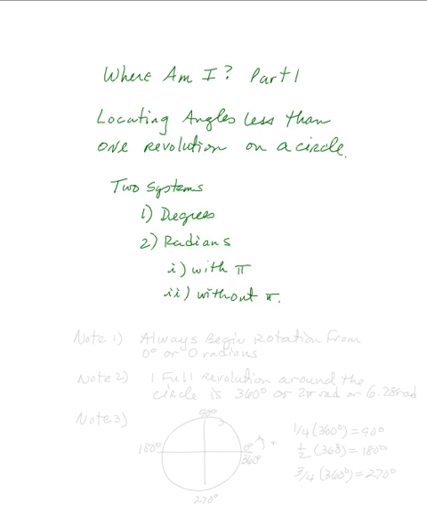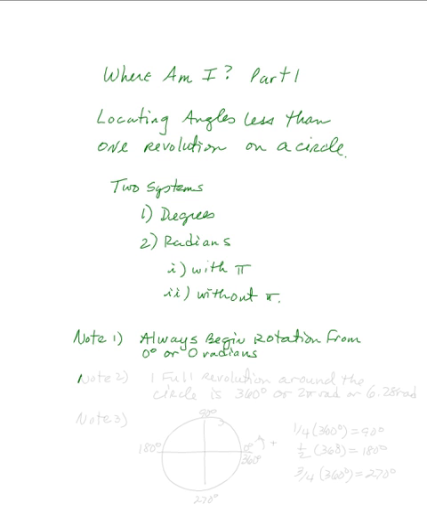Okay. Now I want to go over some assumptions we're going to be making. So I'll call these notes. The first note: we always begin rotation from 0 degrees or 0 radians.